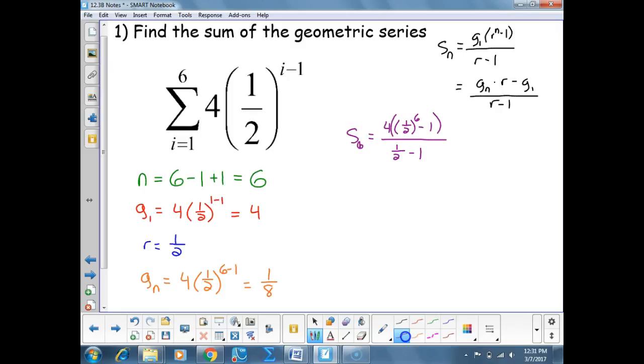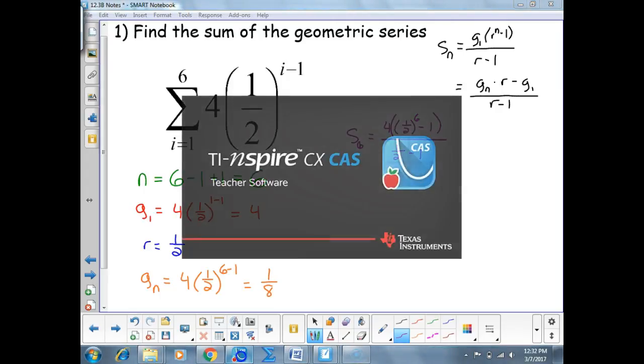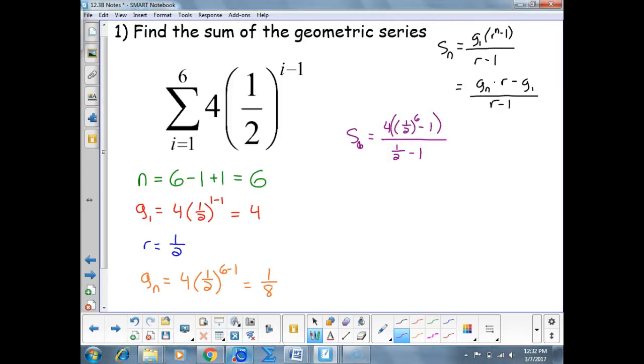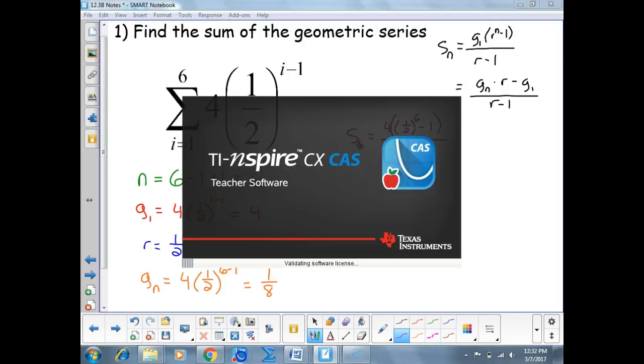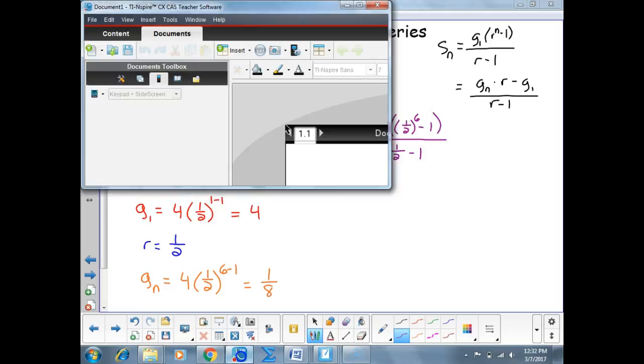Minus 1 is negative 63/64, times 4 is negative 63/16, divided by negative 1/2 is 63/8.